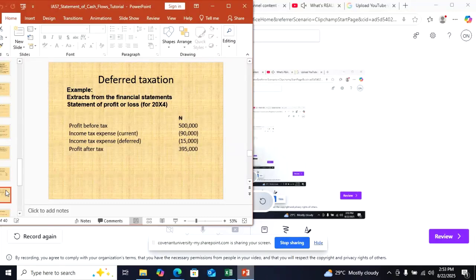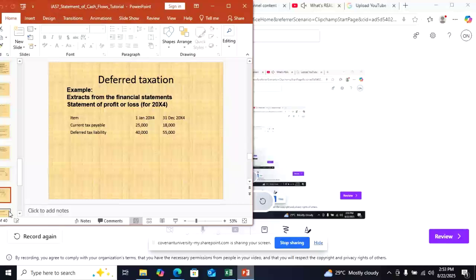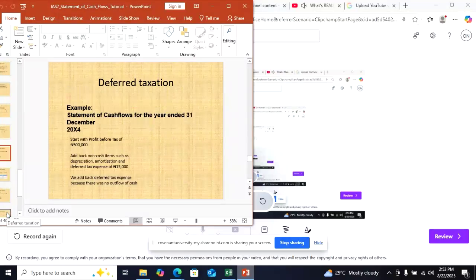Then the next information we are provided are the changes in the financial position items. We have current tax payable at the beginning and at the end. We have deferred tax liability at the beginning and at the end.